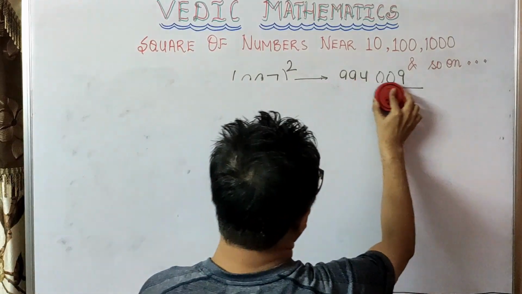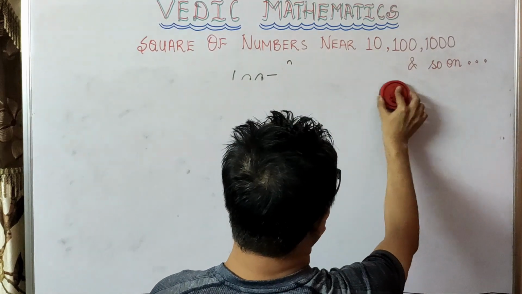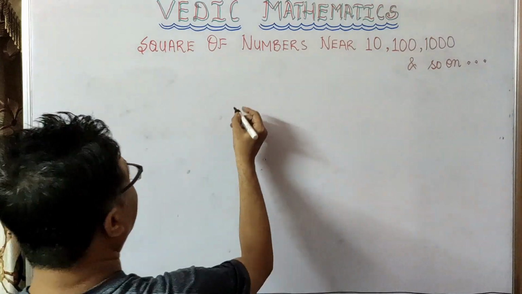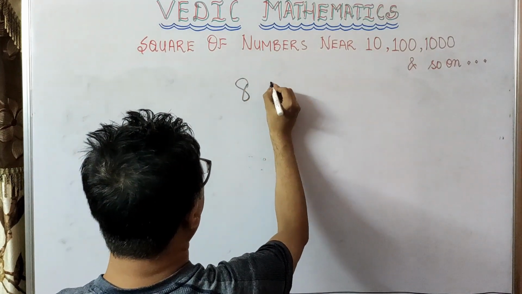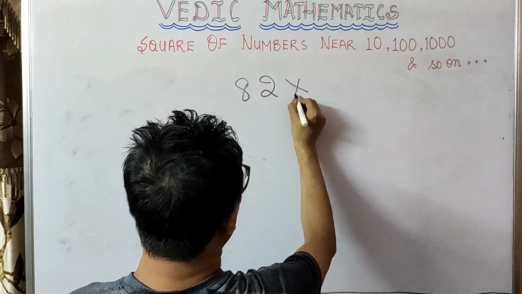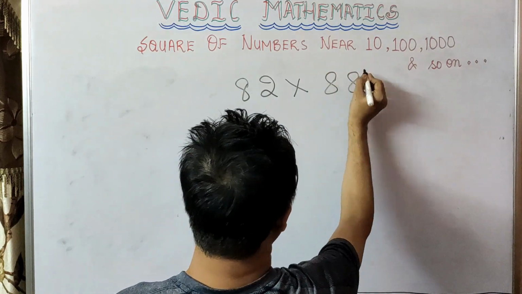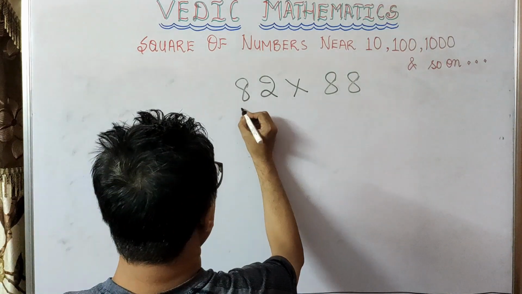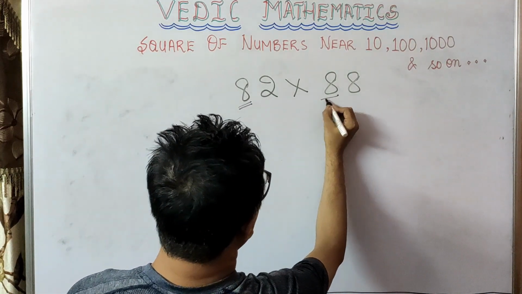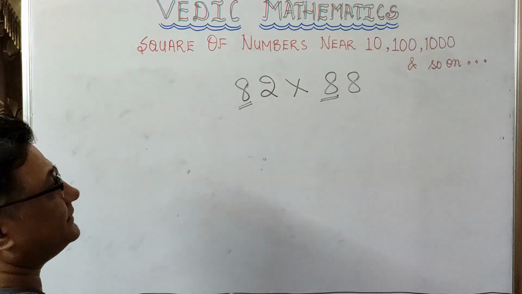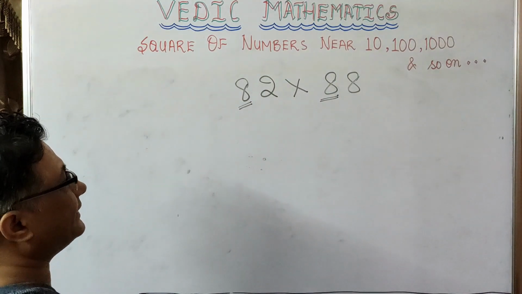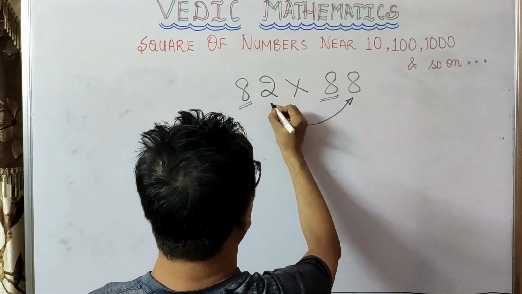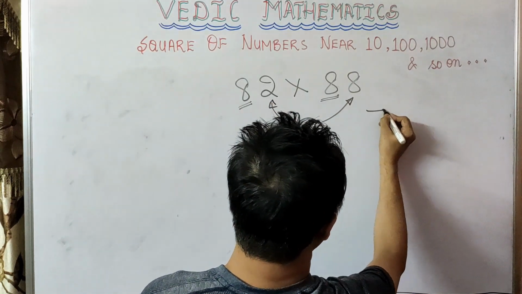But what if you have to multiply, say, 82 with 88. Now this, as you can see, the first digit is the same in the two numbers, that is 8, and the sum of the second digits, that is 2 and 8, is what? That is 10.